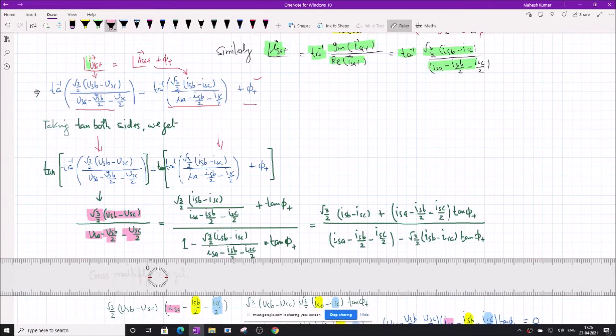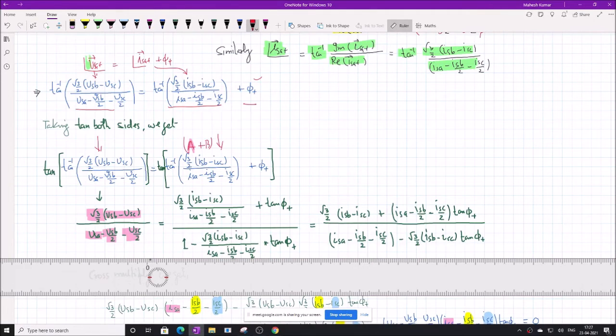And this side is tan of tan inverse of this plus this, like a plus b. Tan of a plus b is nothing but tan a plus tan b divided by 1 minus tan a tan b.